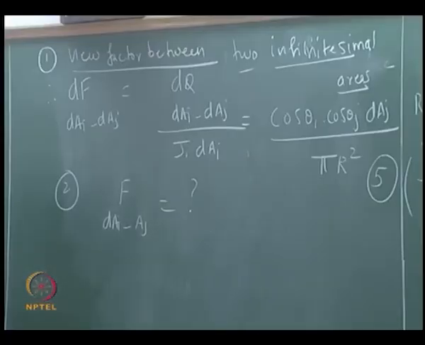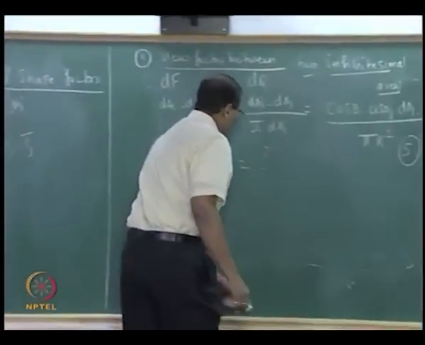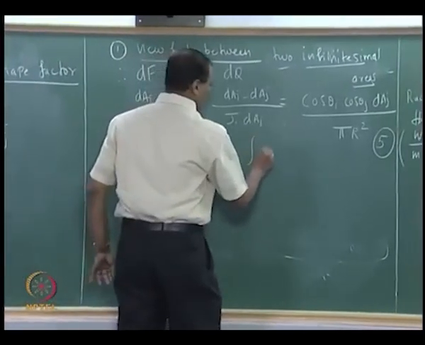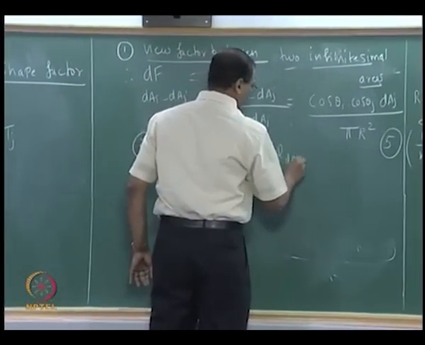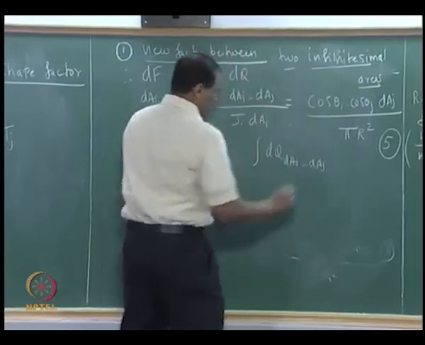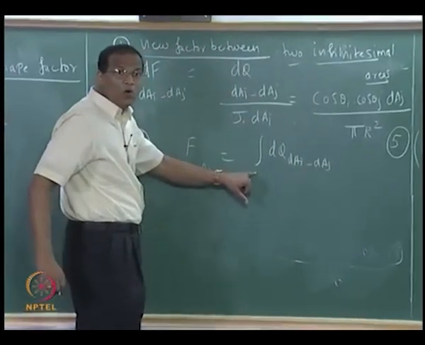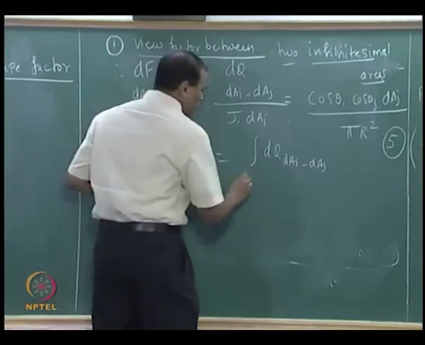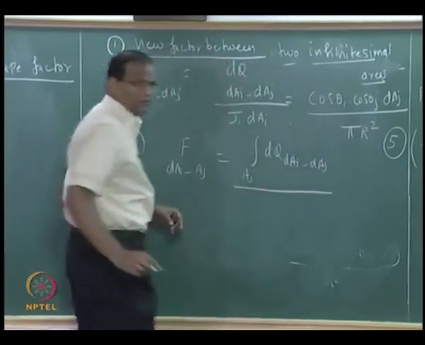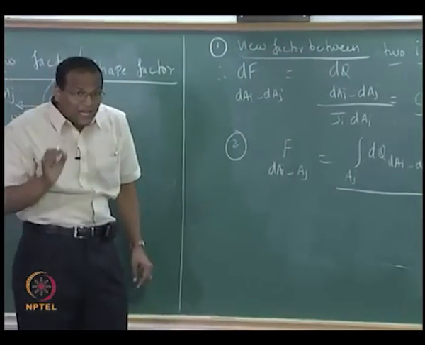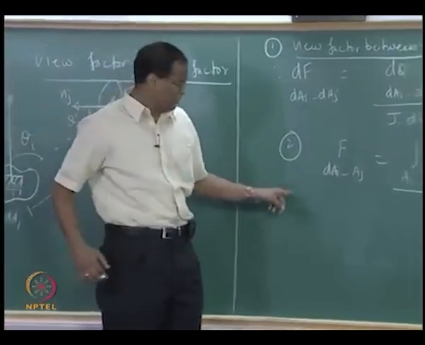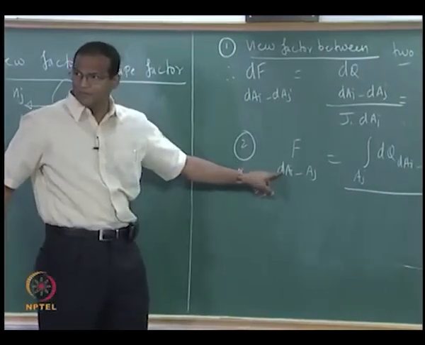Now what is the numerator? Over, very good, divided by Ji dAi, that stays because it is from dAi only, okay.